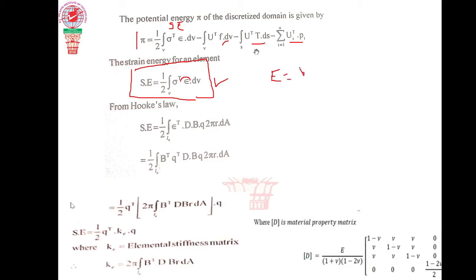That is, E is equal to sigma by epsilon. Therefore, sigma becomes E into epsilon.